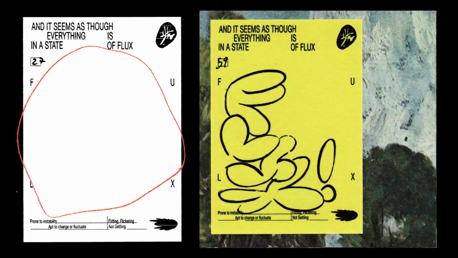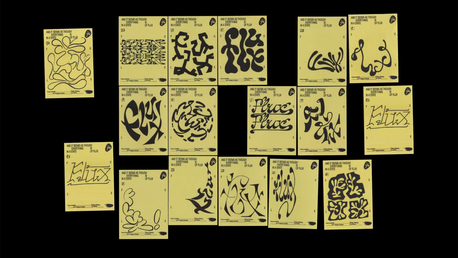And then, to enhance that old form feeling and give my work more texture, I like to print out every frame and then scan it back in, so that takes a very long time. But yeah, those are some of the frames from the Flux poster.